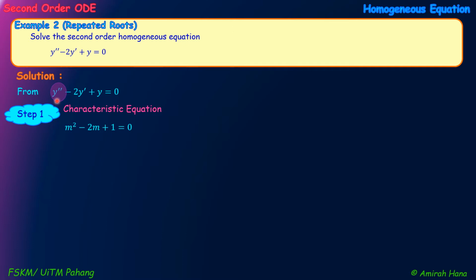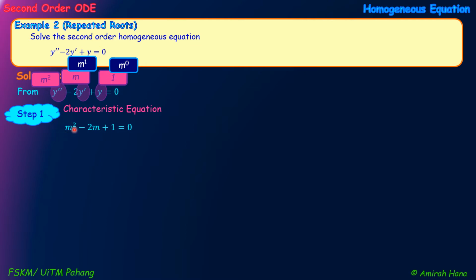First we write y double prime equals m squared, y single prime equals m, where m means m to the power of 1, and y equals 1, where 1 means m to the power of 0. So y double prime we replace by m squared, y single prime by m to the power of 1, which is m, and y by m to the power of 0, which is 1.